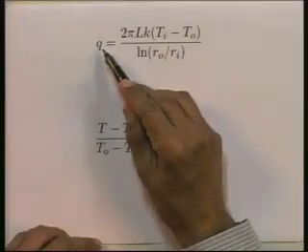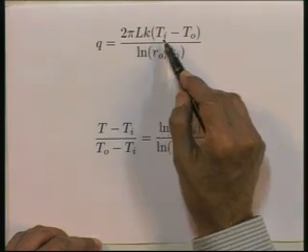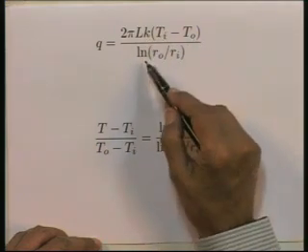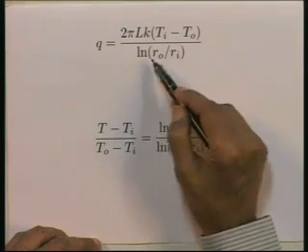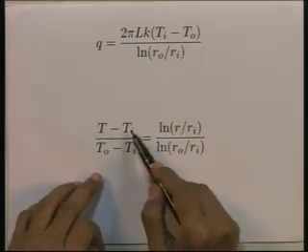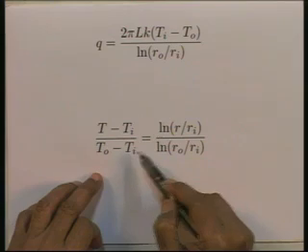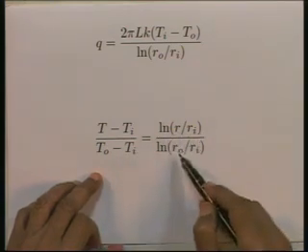We will get for the heat flow rate Q equal to 2 pi k L into (T_I minus T_O) upon the logarithm of r_O by r_I, logarithm to the base e, and the temperature distribution would be (T minus T_I) upon (T_O minus T_I) is equal to the logarithm of r by r_I upon the logarithm of r_O by r_I.